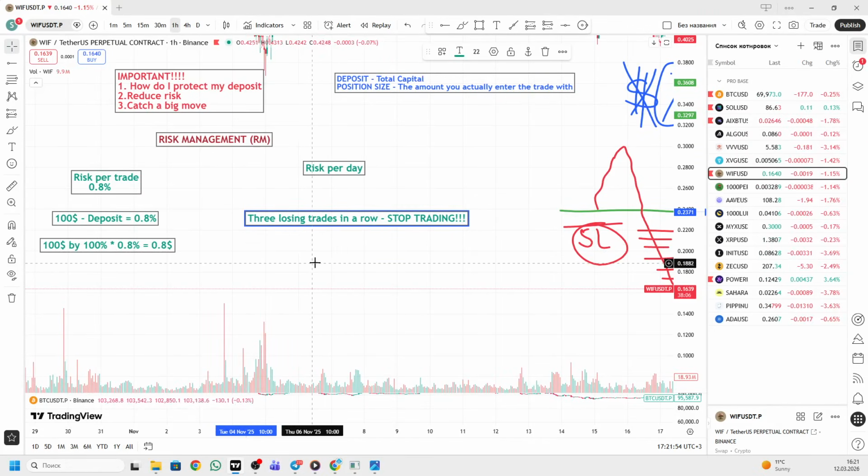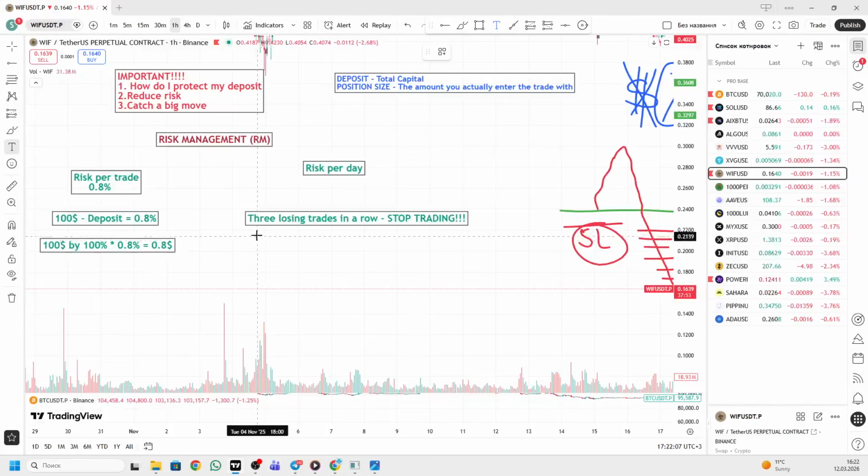Okay, now let's talk about what a block is and when it happens. Look, if our risk per trade is 0.8%, this is our risk per trade. As I said before, we have 3 losing trades.